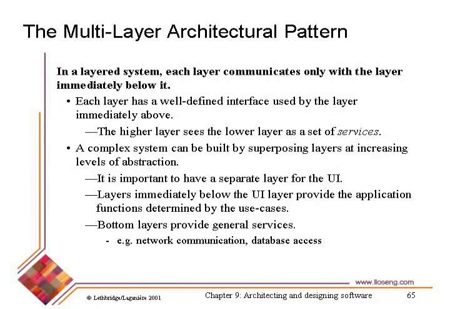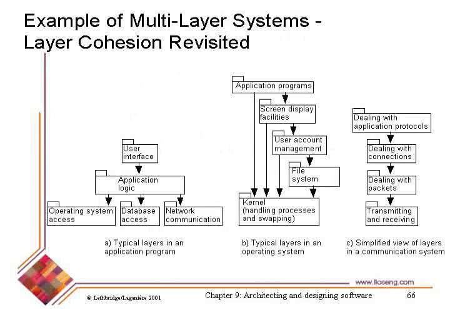This diagram, slide 66, was also shown earlier in the chapter when we talked about layer cohesion. Here all I'm doing is showing these things as, in this case, packages that access lower level packages. So this is layer cohesion. This is the architectural style. Whenever you see systems organized this way, you know that it's following the multi-layer pattern. And in general, the multi-layer pattern dominates software today. Most systems have layer design somewhere inside them.